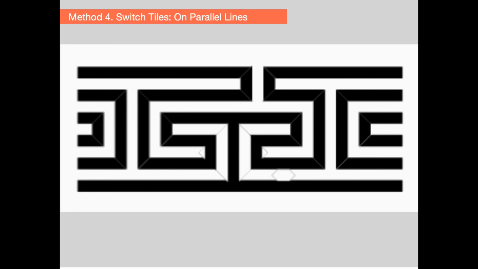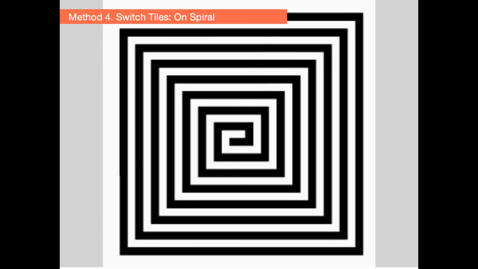The core idea of the concept is shown here with switch tiles rotating on parallel lines to create the turn points. Any set of parallel lines will serve with matching switch tiles to create turn points. Here, the switch method is applied to the parallel lines of a spiral.